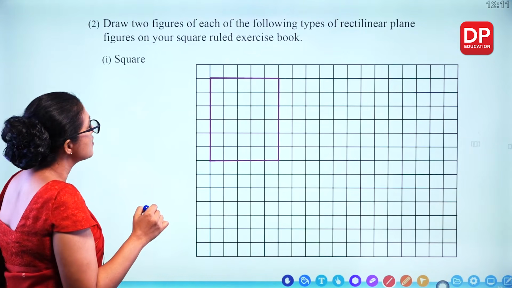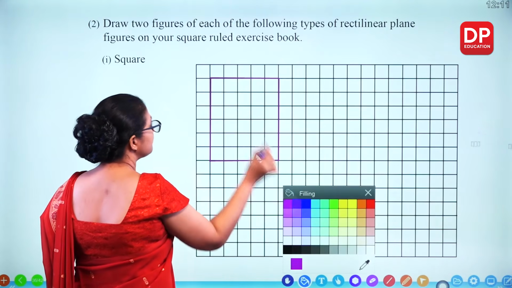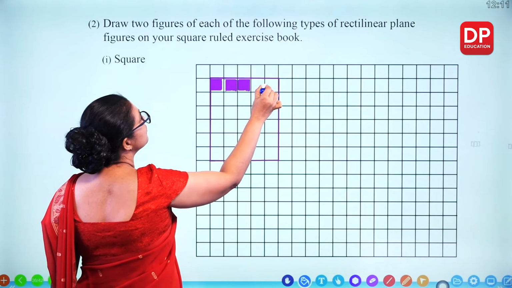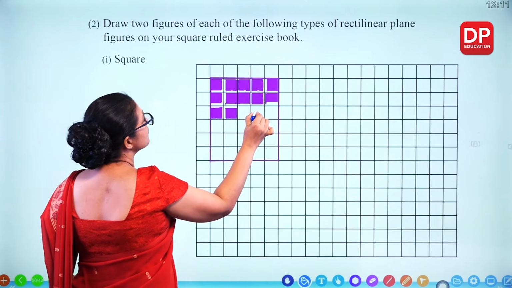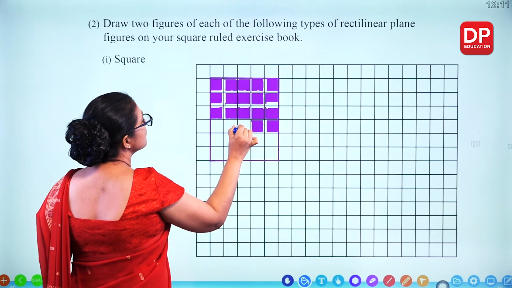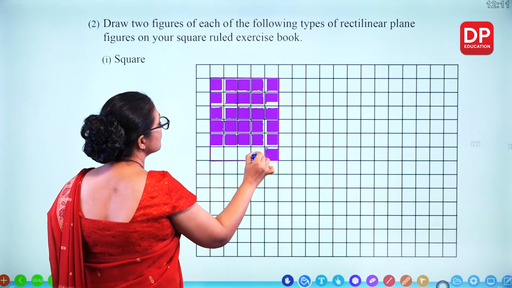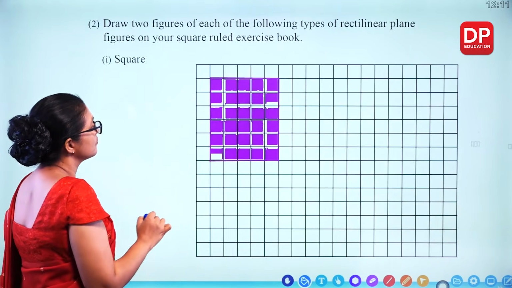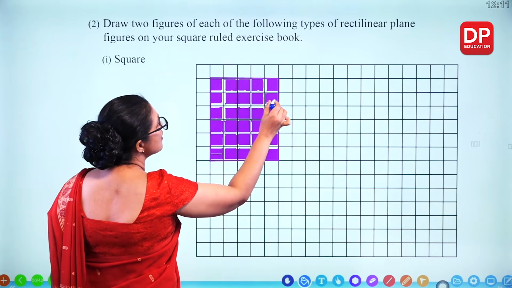So this is a square. I want to color and show you that.